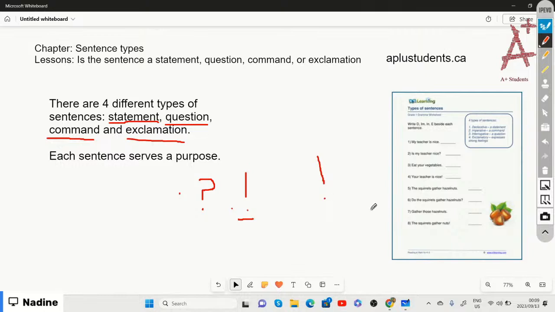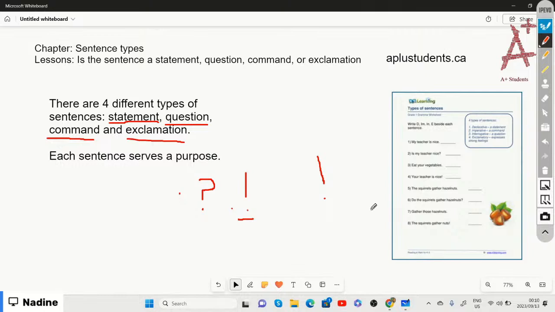An exclamation is like a statement, but it shows strong emotions or strong feelings, even if you are angry or surprised. It ends with an exclamation point.